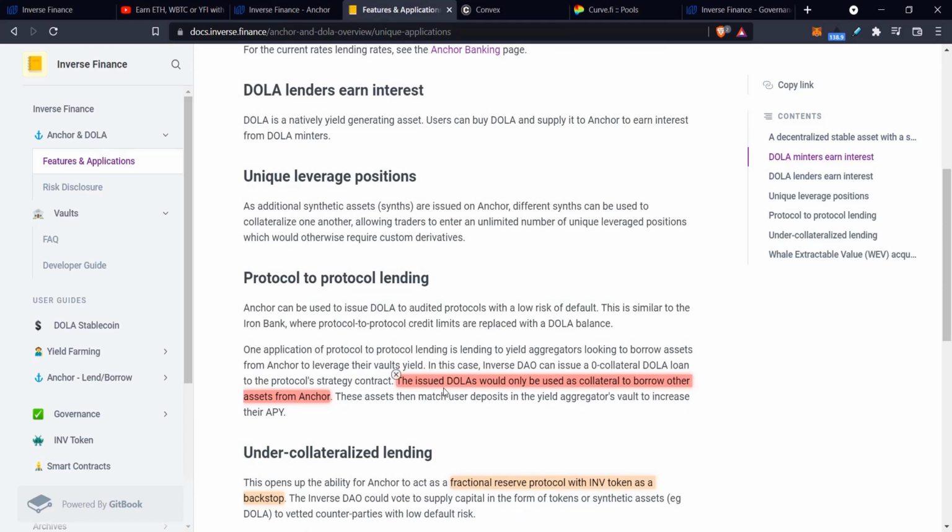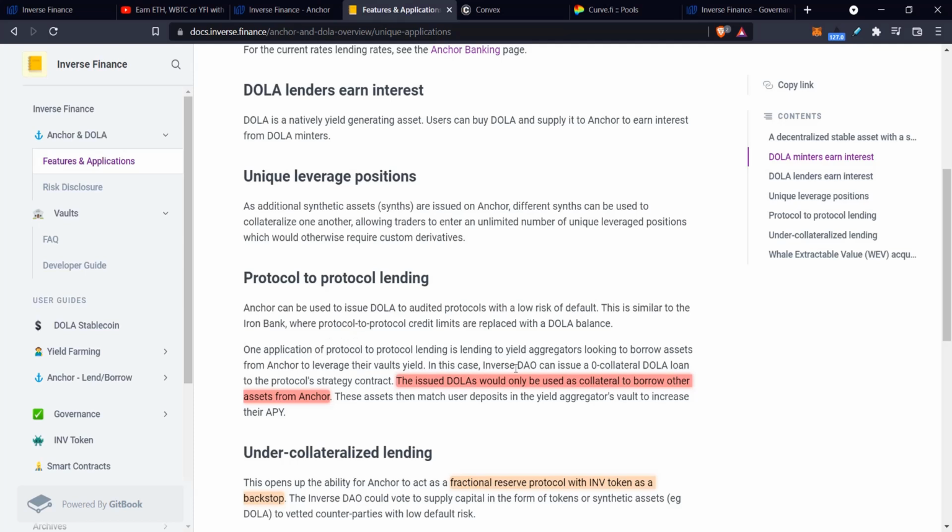Through on-chain voting, the DAO can allow certain protocols that have a good track record to borrow, similar to the way Iron Bank does it. They can borrow DOLA, and then use that DOLA as collateral to borrow other assets, or just use that DOLA to do what they want to do with it.